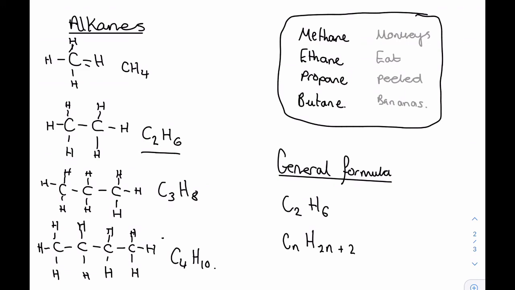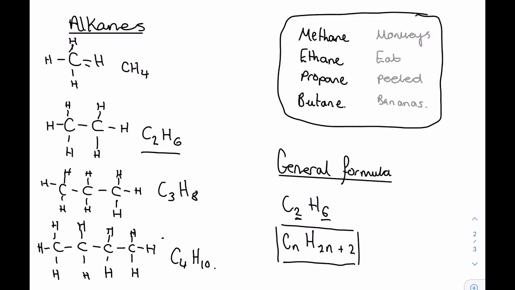So therefore, if I have this as my general formula, and I've worked that out by the relationship between the 2 and the 6 being, the 6 is double 2 plus 2, that's where I've got this from. You can then use this on each of them.